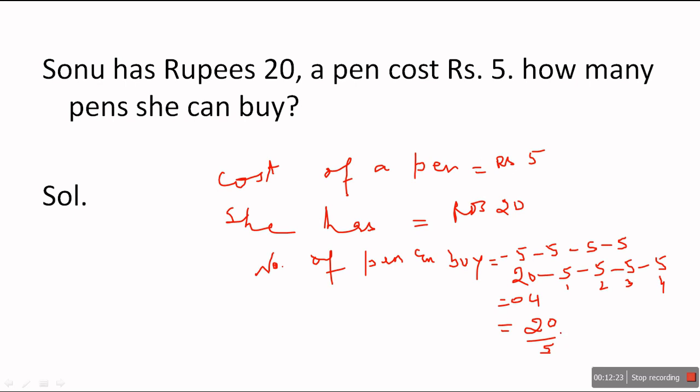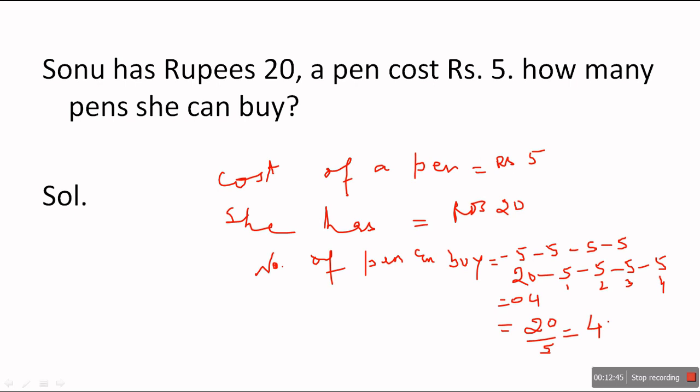Okay, 20 divided by 5. 5 4s are 20. So directly I can do it like this. Okay, so division is repeated subtraction. I have repeatedly subtracted 5 from 20, or I can directly divide, 5 4s are 20. So she can buy 4 pens.